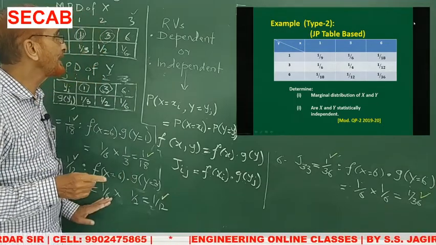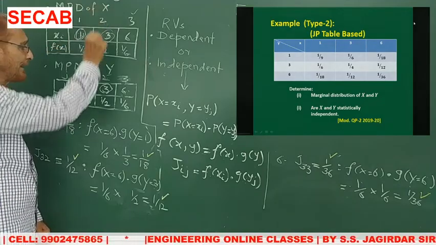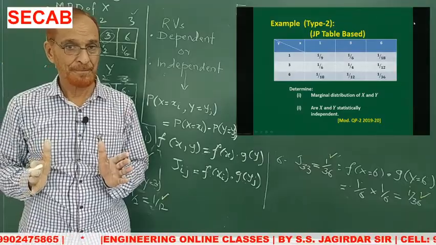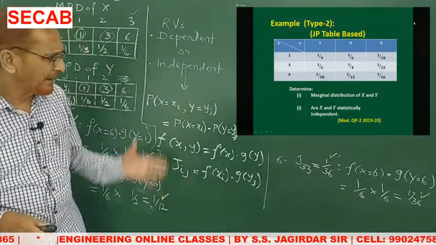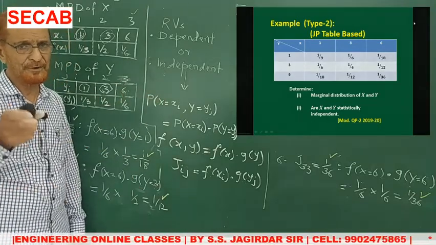Therefore, now you can declare that the random variable x and random variable y are perfectly independent. Of course, this example is complete, and this is for 6 or 7 marks. Easily you can score by this.